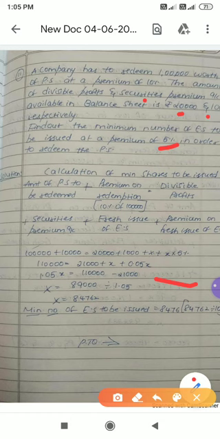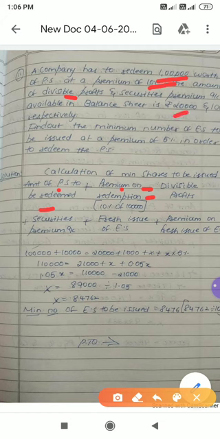First you need to calculate the minimum number of shares to be issued. For that, the simple formula is: amount of preference share to be redeemed plus premium on redemption equals divisible profit plus security premium plus fresh issue of equity shares plus premium on fresh issue. Look here, the total preference share capital they want to redeem is 1 lakh at a premium of 10%.